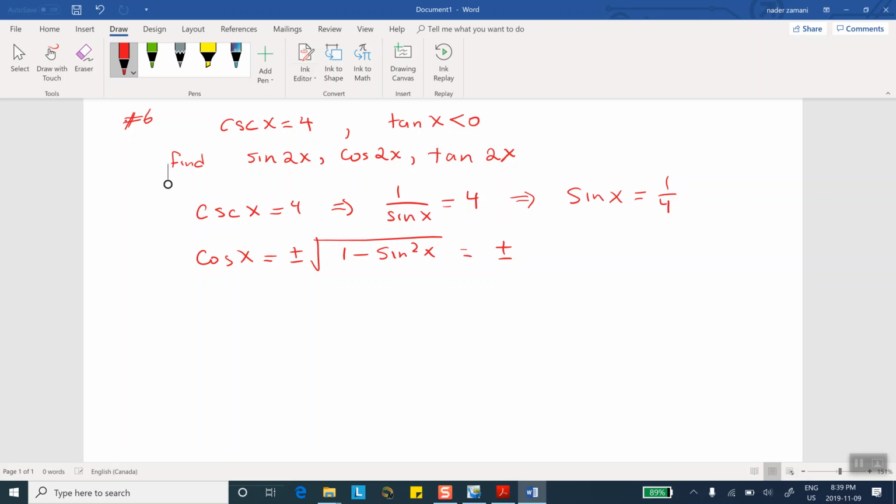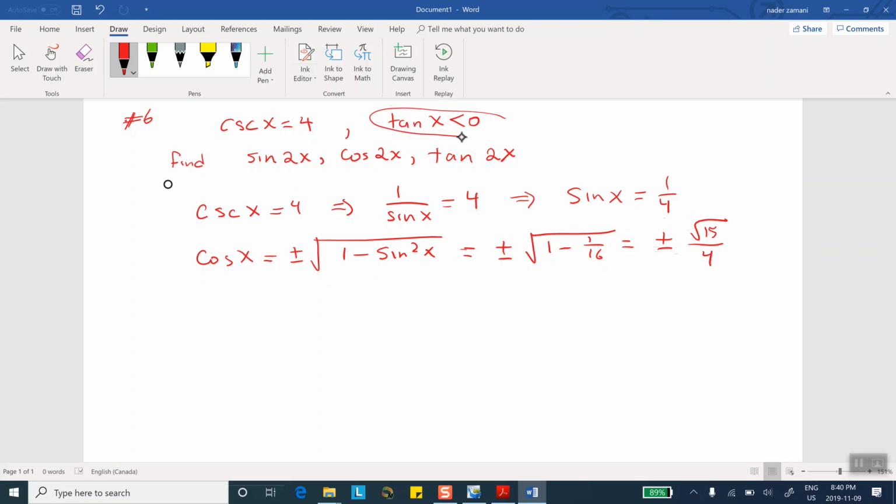So it's plus or minus square root of 1 minus 1 over 16, and this is plus or minus root of 15 over 4. Now the question is, which algebraic sign do we take?